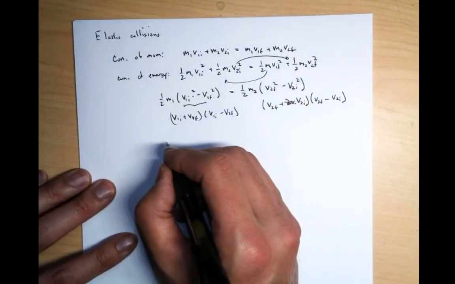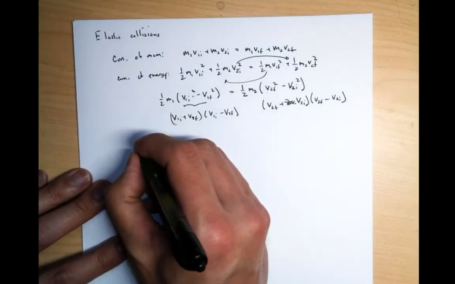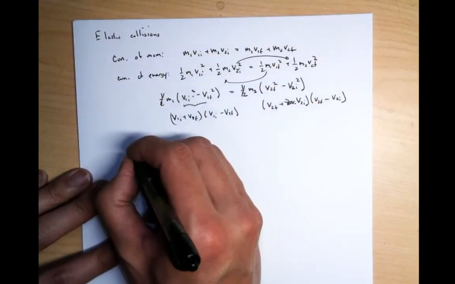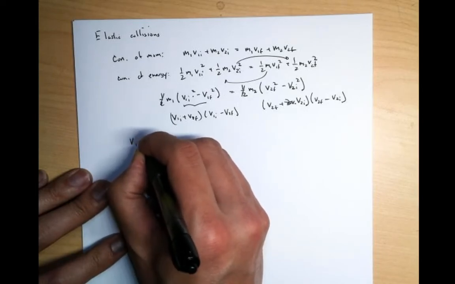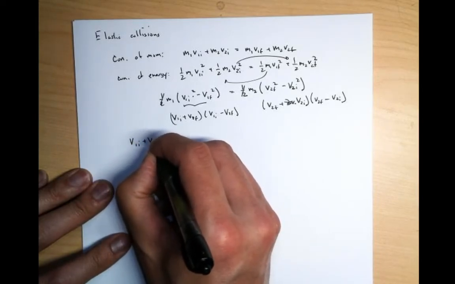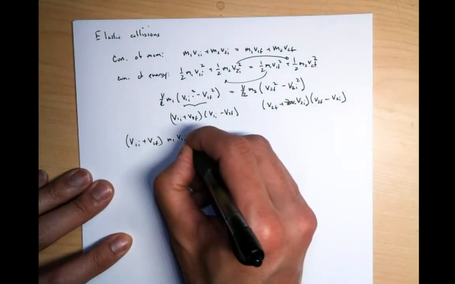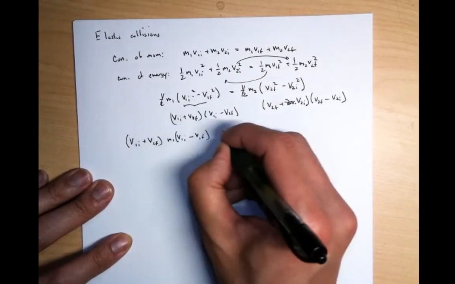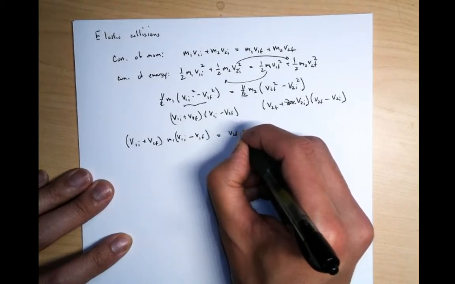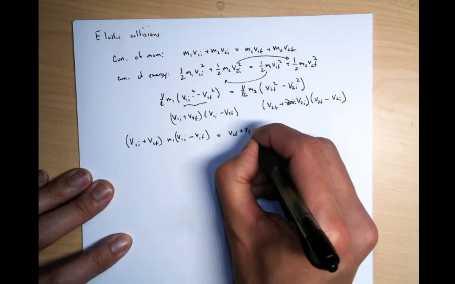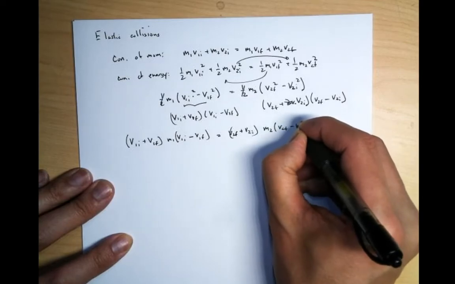Let me just rewrite this, let's cancel the 1/2 first. Let's rewrite this as (v1i plus v1f) times m1 (v1i minus v1f) equals (v2f plus v2i) times m2 (v2f minus v2i). Okay?